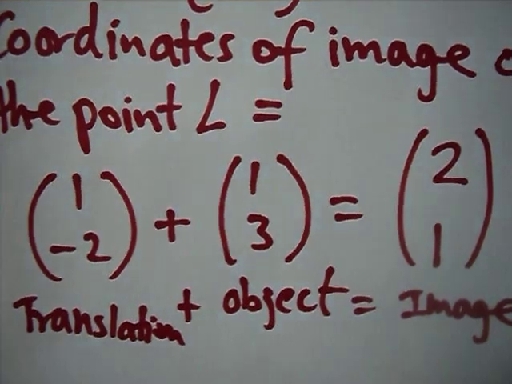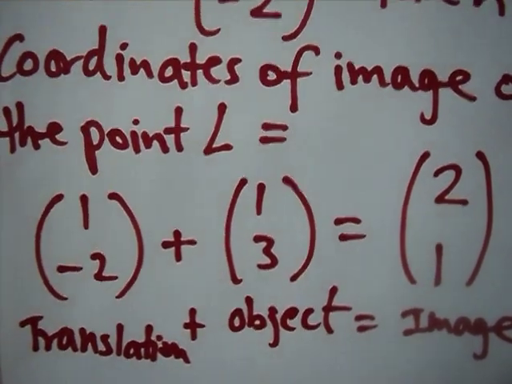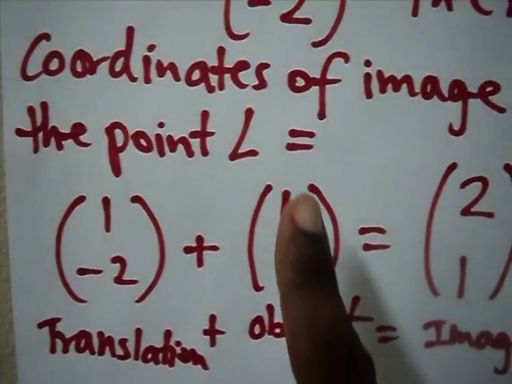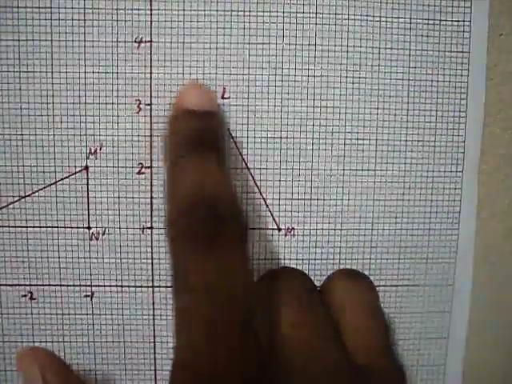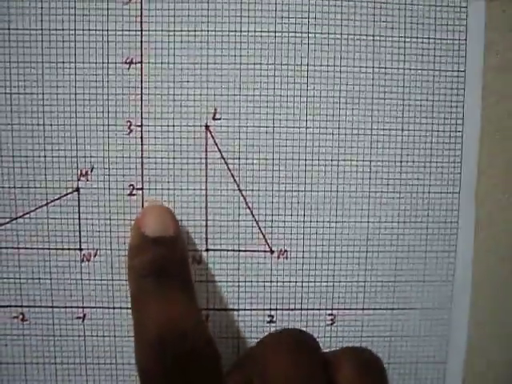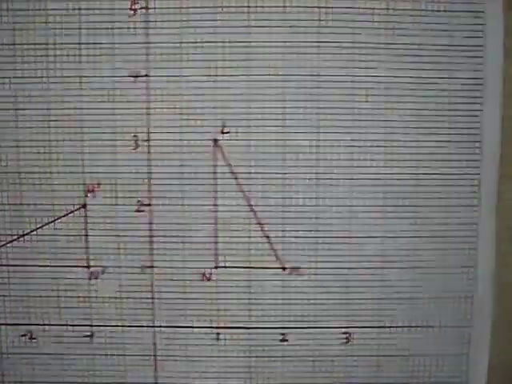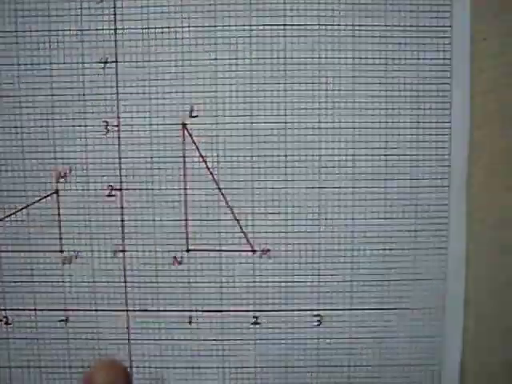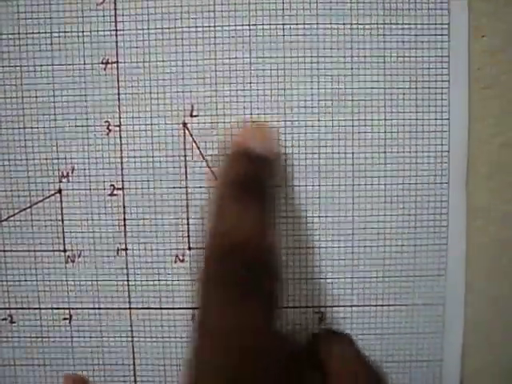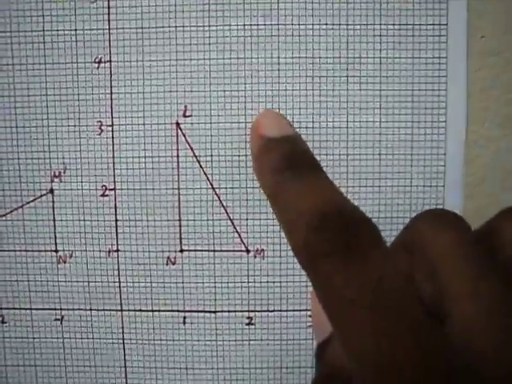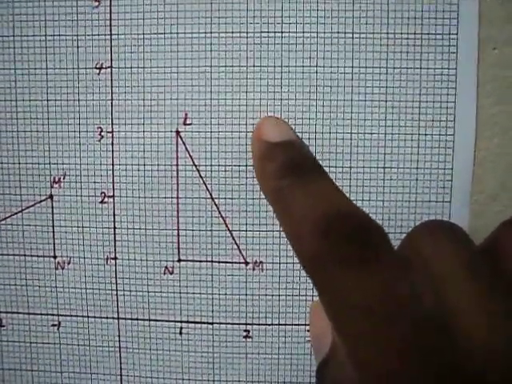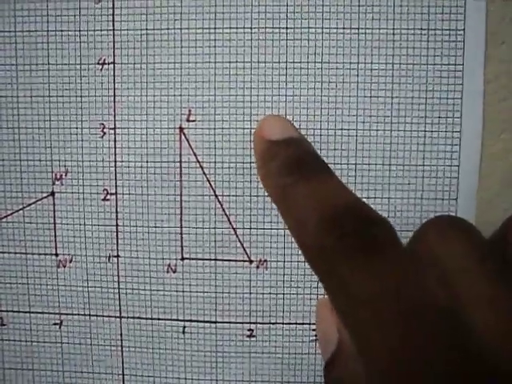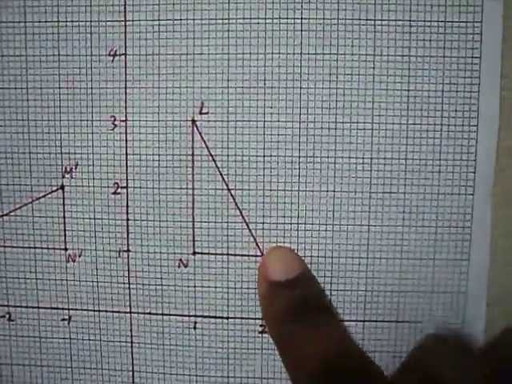We can do it manually. Where is L? Remember, X is 1, Y is 3. And for the translation, we translate X 1 unit positive in that direction, and then 2 units negative means down for the Y direction. So we go 1, 2. So you see that?